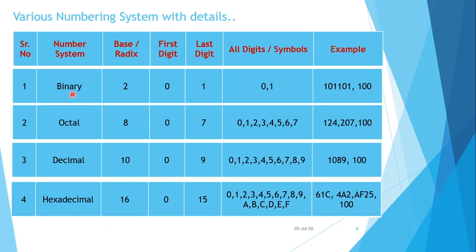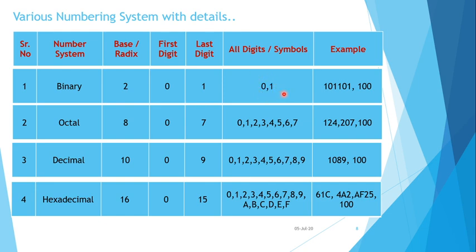So binary. Now bi means 2. So the base for binary is 2. Now as we have discussed, the first digit of any number system is 0, right? And the last digit is base minus 1, so it is 1. Okay, so since it is 2, we have only two symbols, that is 0 and 1.